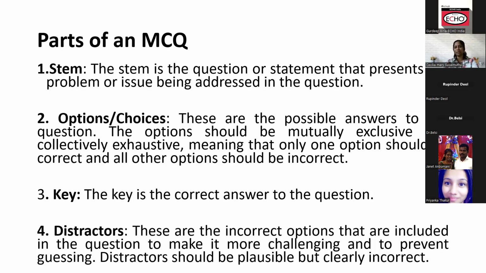Distractors should be plausible but clearly incorrect. Plausible, it should be like the student should be distracted. It is not a correct answer, but the student has to be distracted in such a way that until and unless they have the desired knowledge, they will not be able to answer the question.